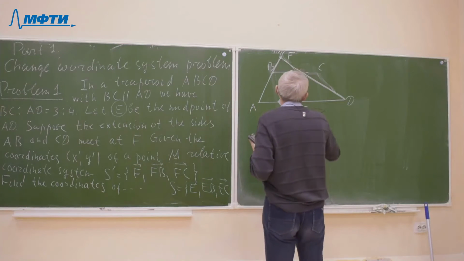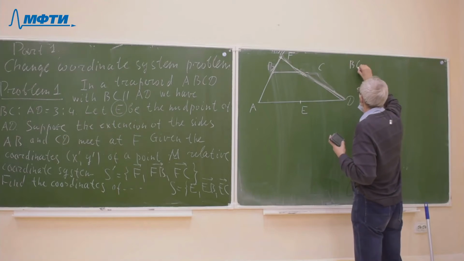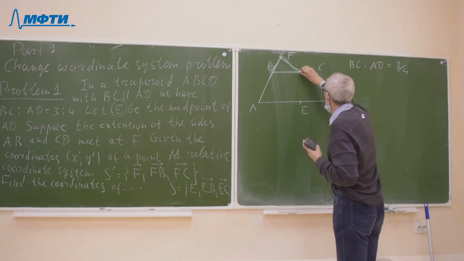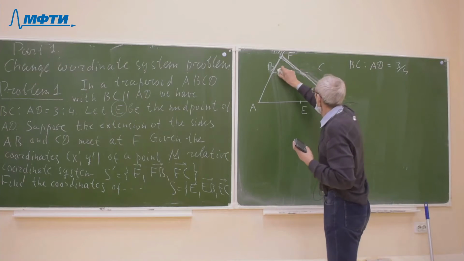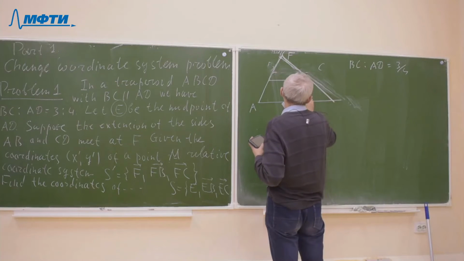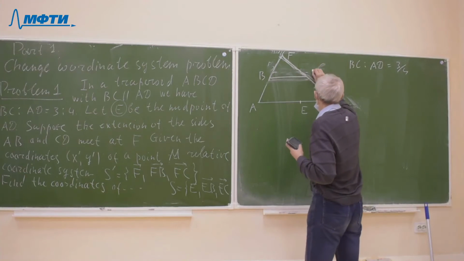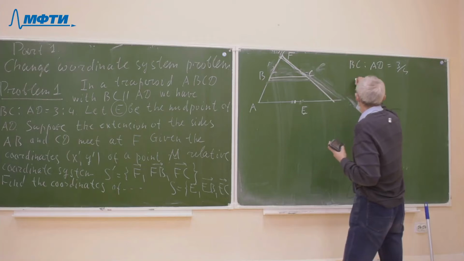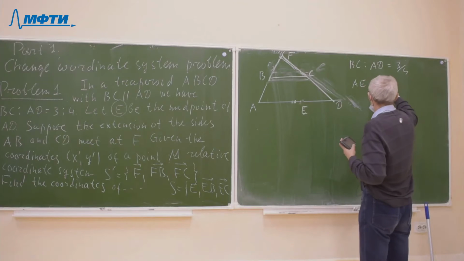BC, the ratio BC to AD. E is equal to ED.